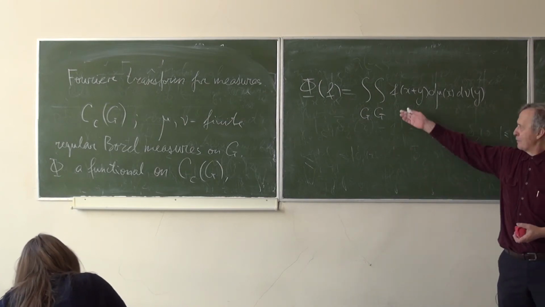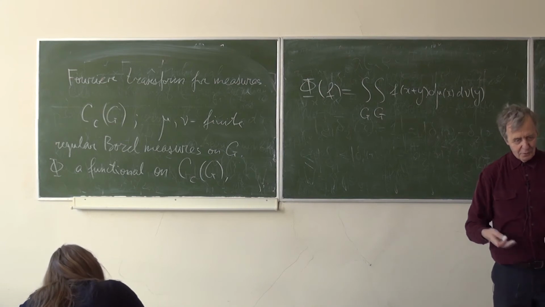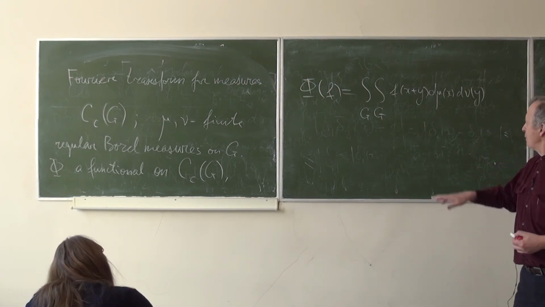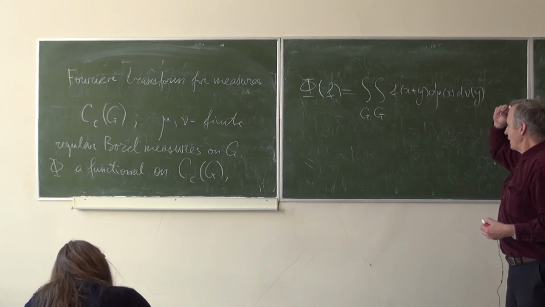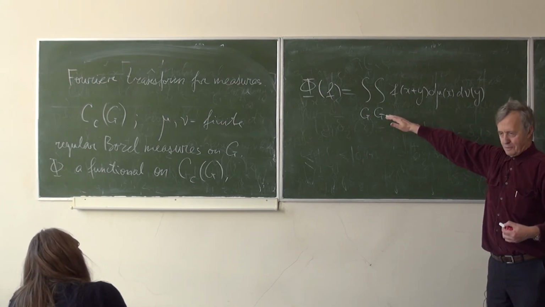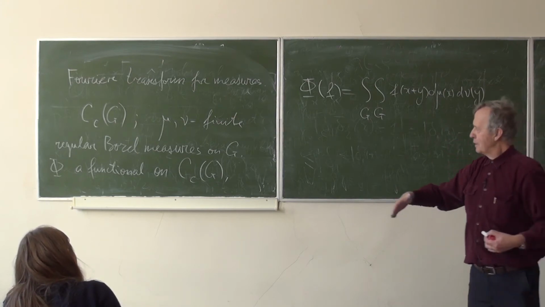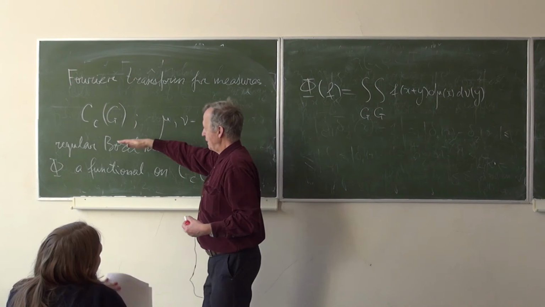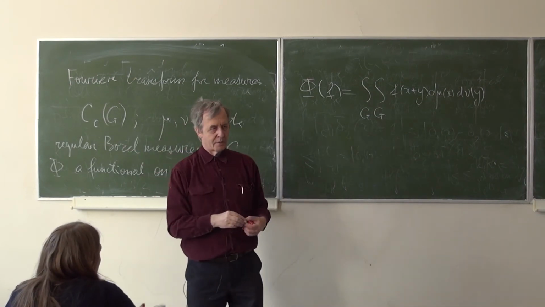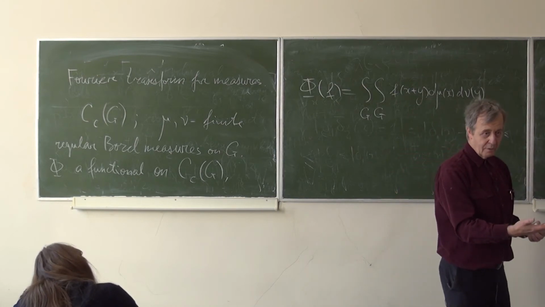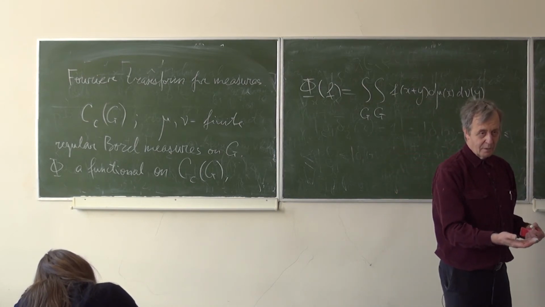And so by linearity we can reduce this definition to positive measures only. And if mu and nu are positive, then this formula defines a positive functional on the space, and this functional is generated by some measure, of course, by the Riesz theorem.